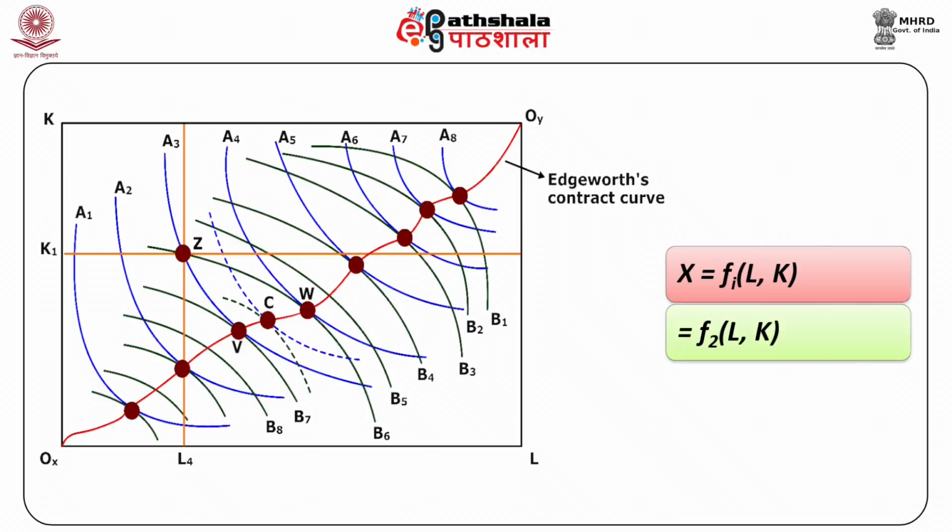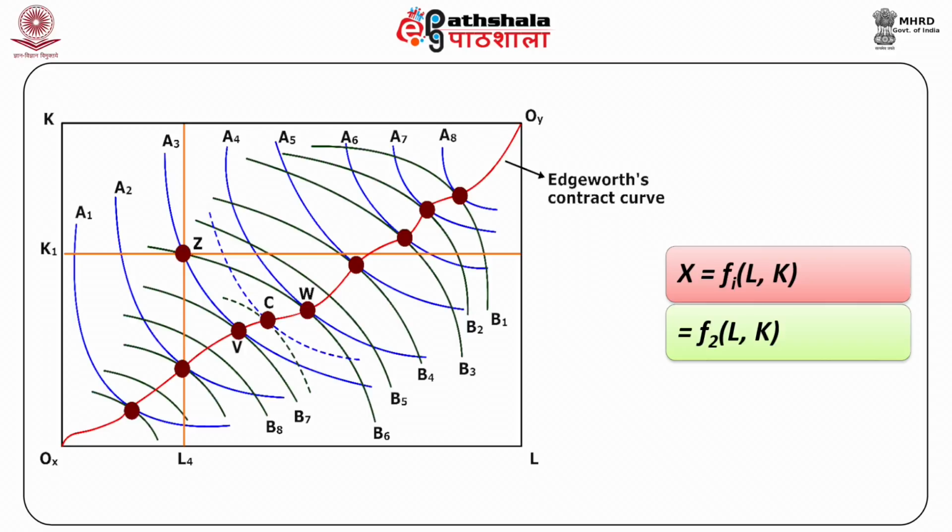At Z, what you would notice is that Z is an intersection between B6 and A3. However, if we look at the intersection, you would notice that there are two perpendicular lines.